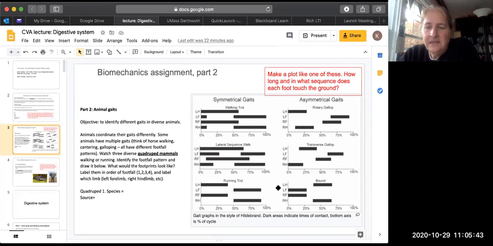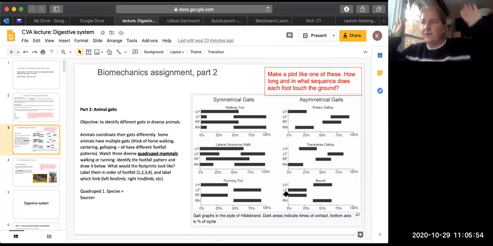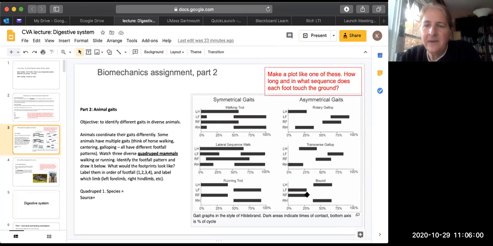In this case, look, both front feet are down. So you can imagine a rabbit putting its front feet down, then the back feet come around and the front feet lift up, and then the back feet hit. So this is a bound of the rabbit.